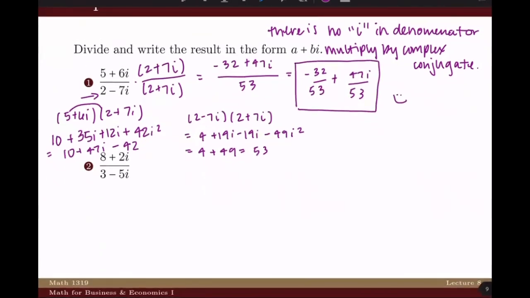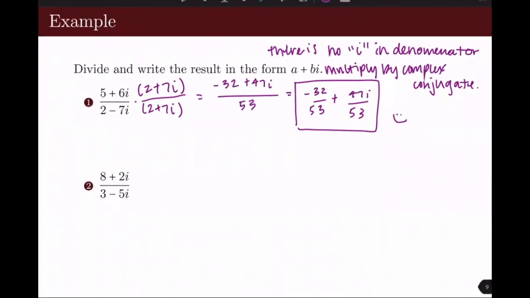All right, let's go ahead and do the second bit. So the first thing we're going to want to do is, again, multiply by the complex conjugate. So since it's a minus, I'm going to have 3 plus 5i in the denominator, 3 plus 5i in the numerator. Okay, multiplying out 8 plus 2i times 3 plus 5i.